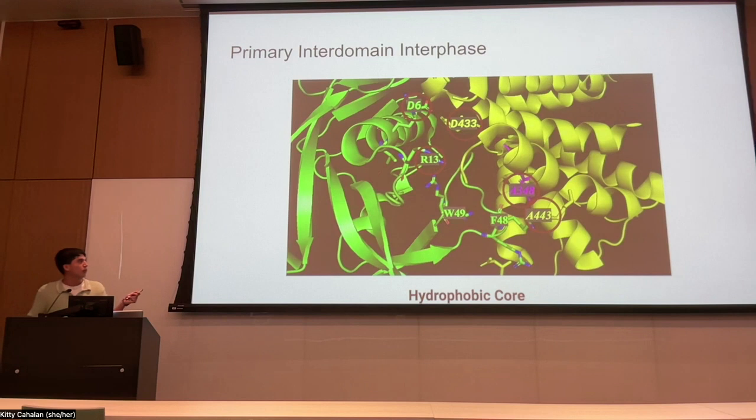So these aminos around here are basically bundled up and stabilized, staying in this state of stabilization, I guess. And the specific aminos right here are aspartic acid 6, aspartic acid 433, arginine 13, alanine 348, and as well alanine 443. And they basically come together and stabilize this autoinhibitor state.